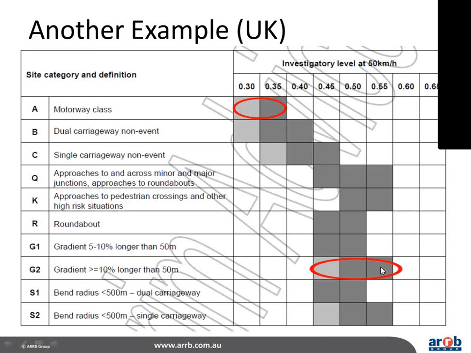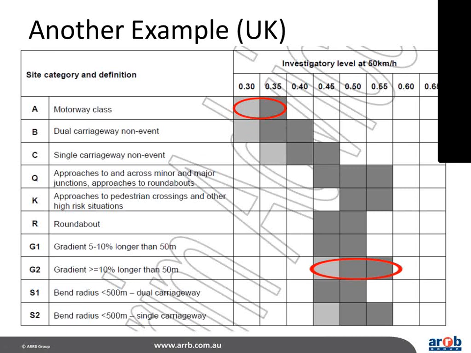Maybe you need to apply the higher one. Certainly if you were going about it for the first time and you didn't know too much about the site, you would apply 0.55 for the first survey, and then we could adjust that. And we'll talk about how to adjust investigatory levels for sites a bit later. So that's a further example of a suite of investigatory levels.